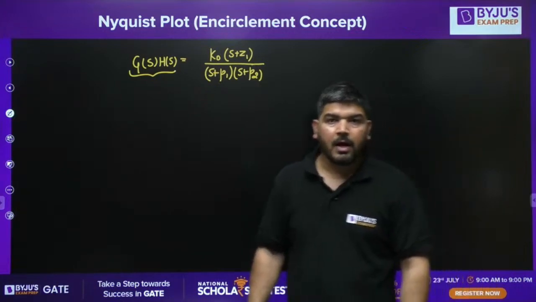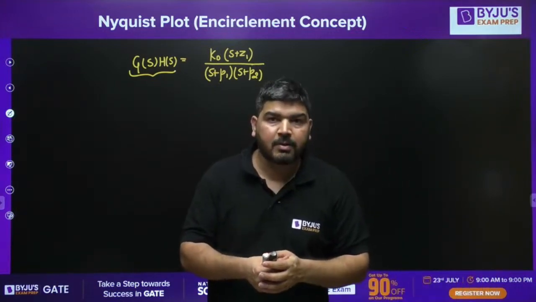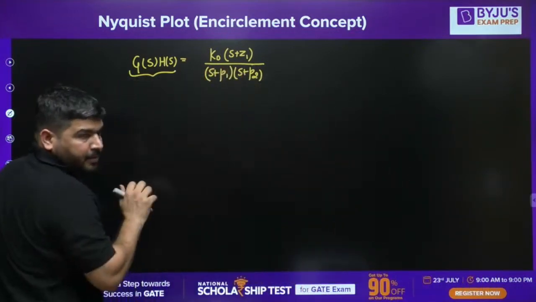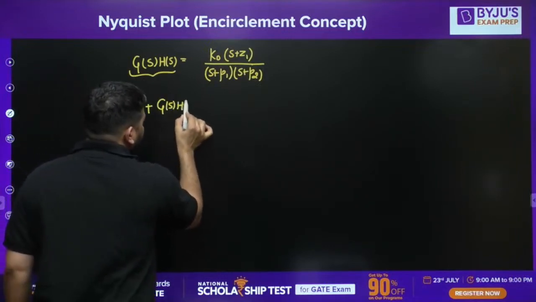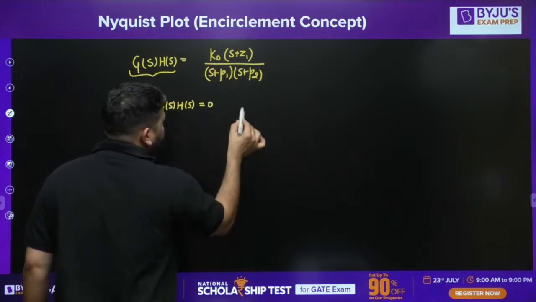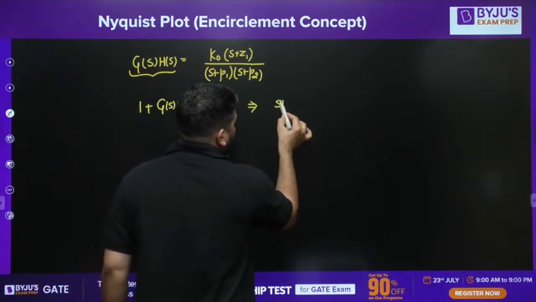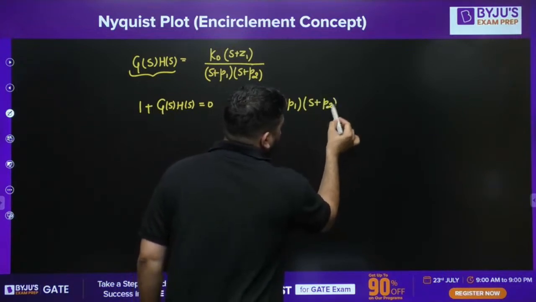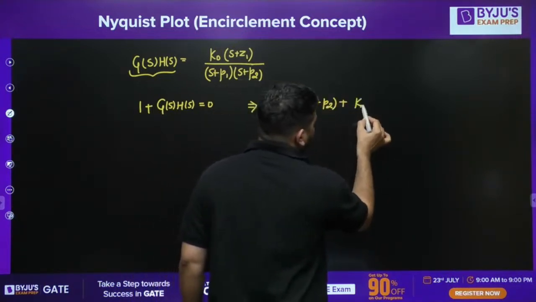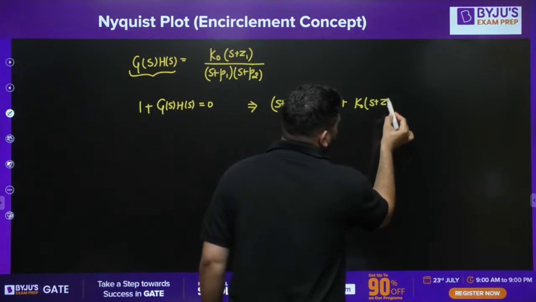But let's say you want to check the stability of the closed loop system if G(s)H(s) is provided to you. What you can do is calculate the characteristic equation. The characteristic equation will be (s plus p1)(s plus p2) plus K0 into (s plus z1).